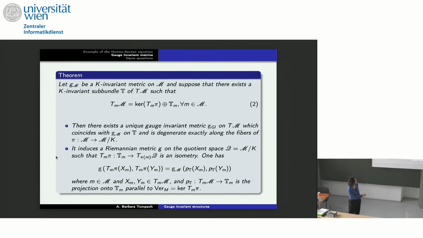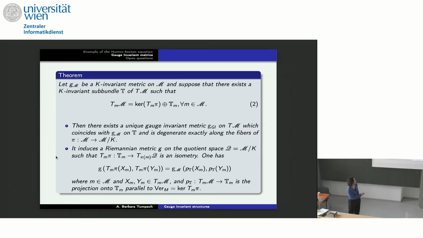This is the projection onto the transversal parallel to the vertical direction. This is a picture I wanted to show before, perhaps. Let me continue here. So this kind of pairing will define a Riemannian metric on the quotient.